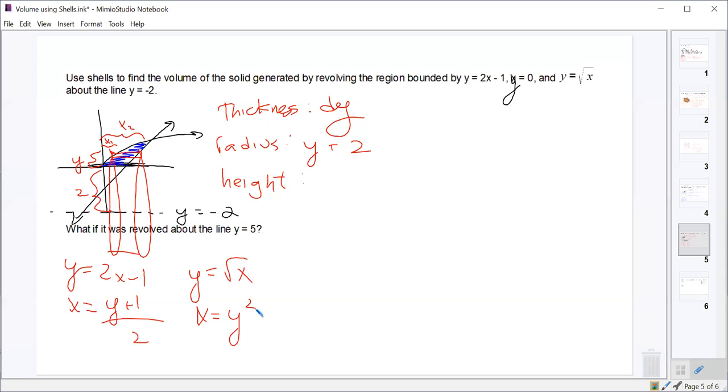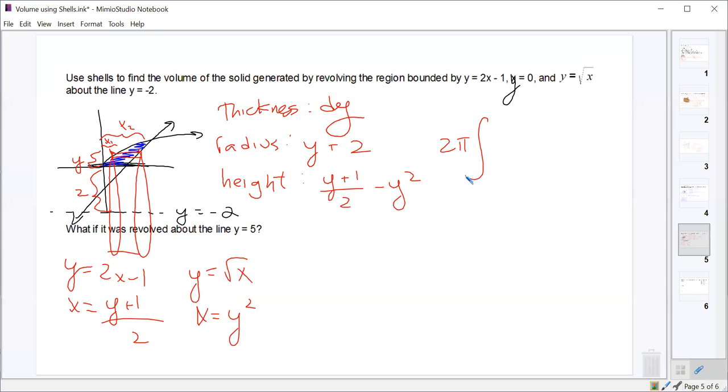So what does our height become? Which one minus which one? (y plus 1) over 2 minus y squared. And so our integral should be 2 pi times the integral. We have to do this in terms of y.